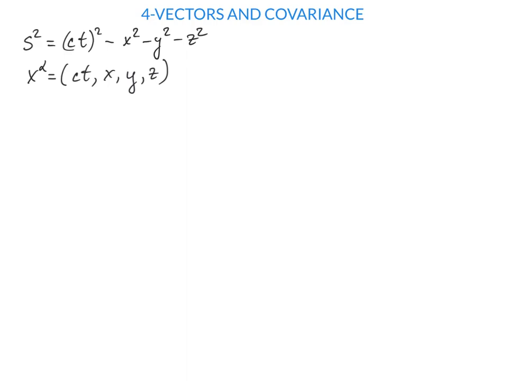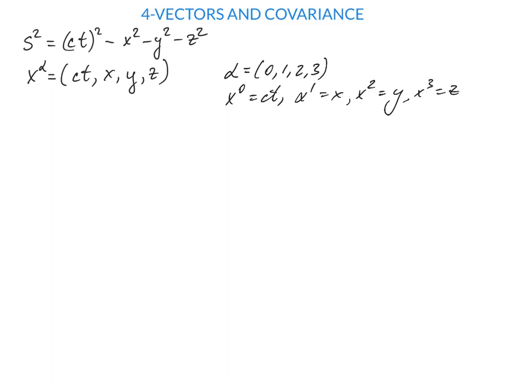So the first function is that alpha is an index that goes from 0, 1, 2, and 3. And then by definition, x^0 is ct, x^1 is x, x^2 is y, and x^3 is z.